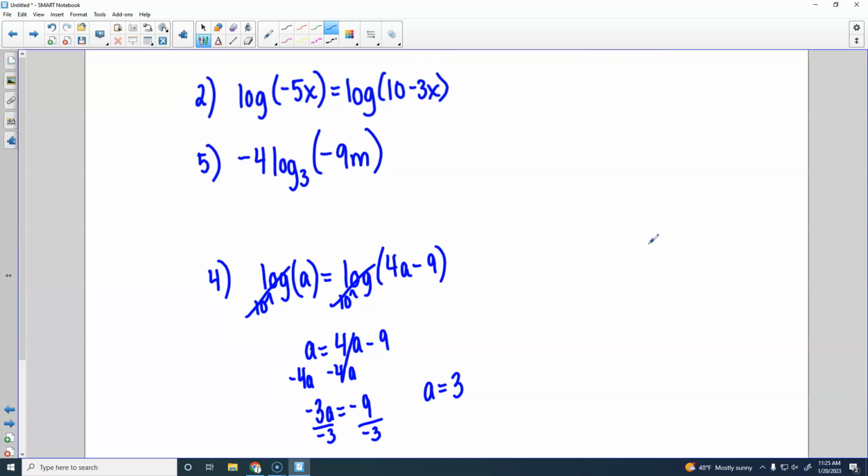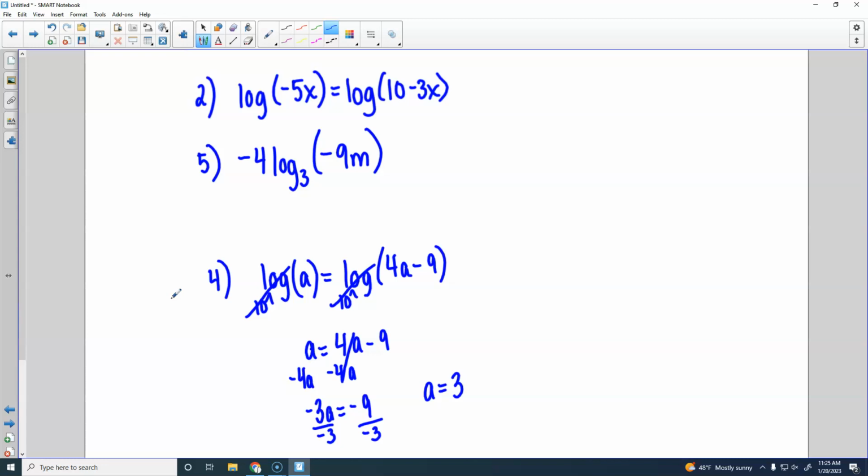But you may run into a problem or two on this worksheet. I should be looking at the answer key so I can tell you for sure. You may have to throw an answer out at the end because it gives you a negative inside of the log. All right. You have some others that are also like ones that we have already done.